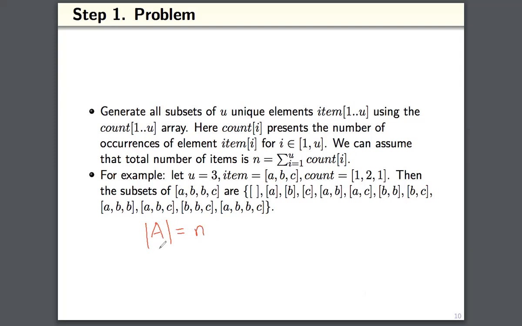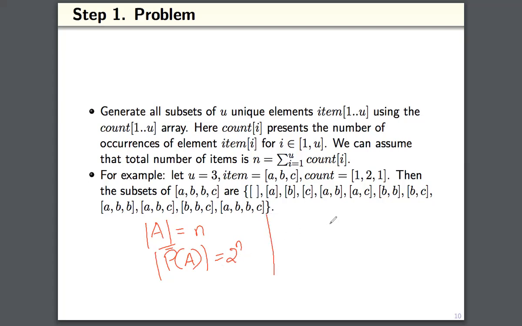The power set of A has 2 power n elements. What do I mean by 2 power n? The set of all subsets of A will have 2 power n elements. That means the number of subsets of A is 2 power n.